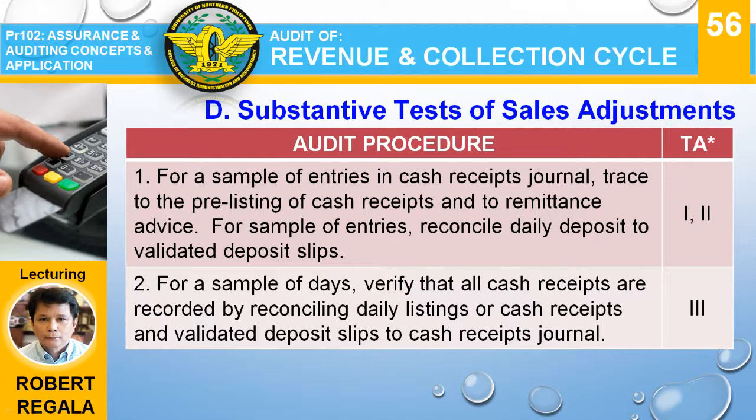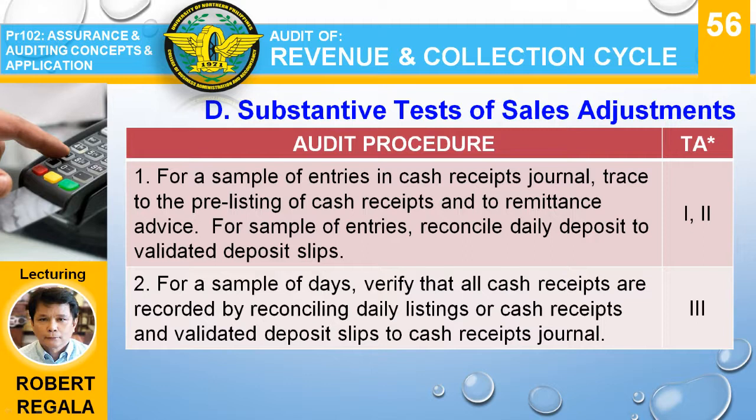For a sample of entries, reconcile daily deposits to validated deposit slips. To test the credits to accounts receivable, an auditor can trace from the entry in the accounts receivable ledger to a cash receipts listing, to a deposit slip listing the payment, and to the customer's remittance advice. These documents provide evidence that a collection was made.